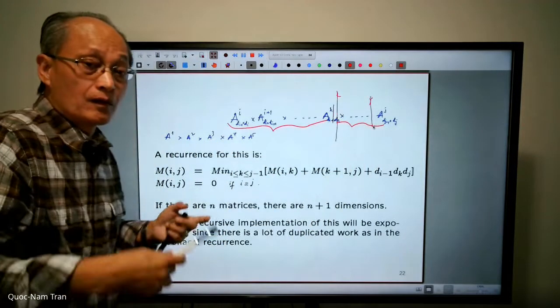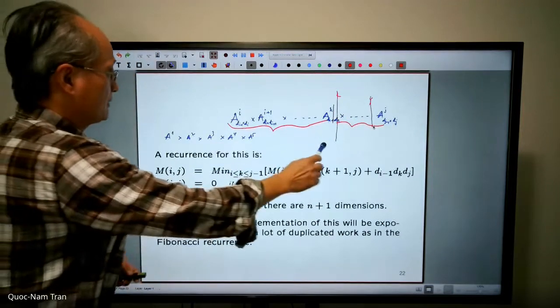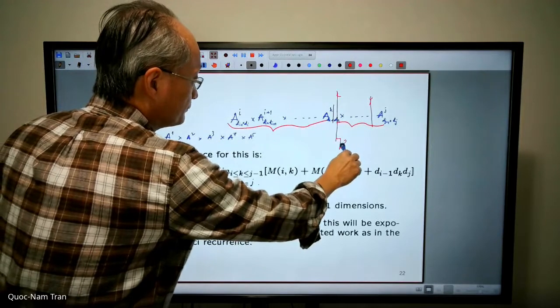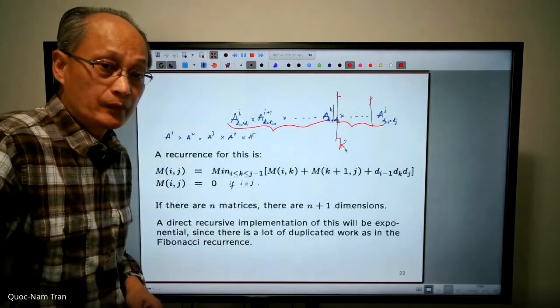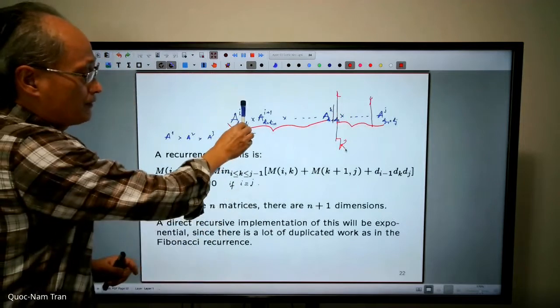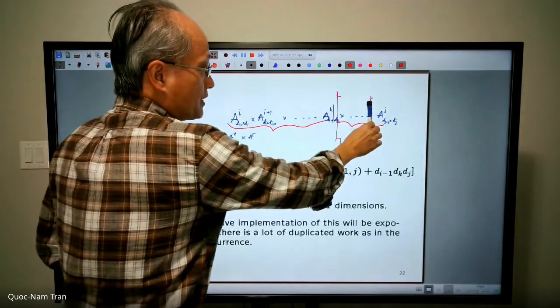So at any cutting point, that is, we cut it at the K position. If we cut at the K position, then K can be from I up to J minus 1.